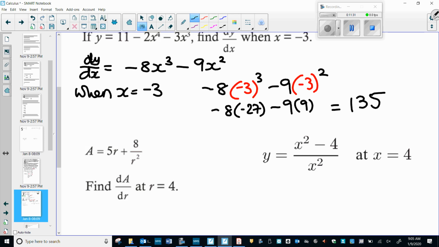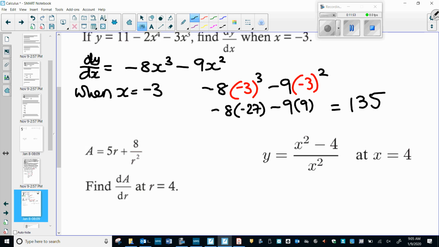Now, this one looks a bit different, because we've got A's and R's. The process is exactly the same. When the expression was y equals, with x in the expression, we wrote dy dx.